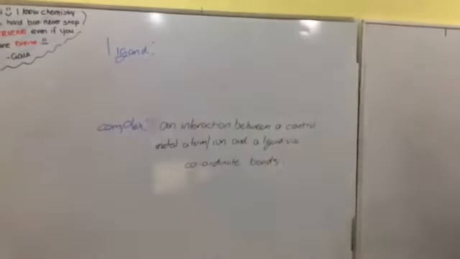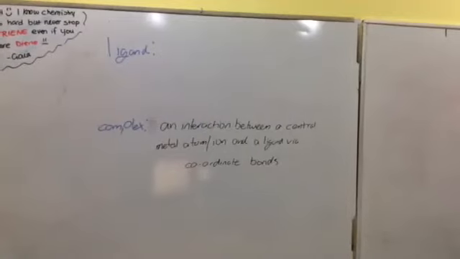Instead of coordinate bonds, could I have written dative bonding? Dative covalent, this is higher. Because dative, covalent, and coordinate, they're the same thing. Okay? Because they are the same word, you can interchange them.